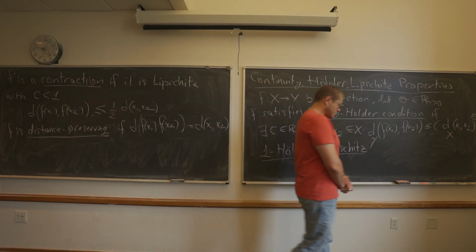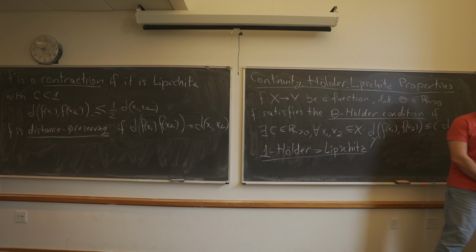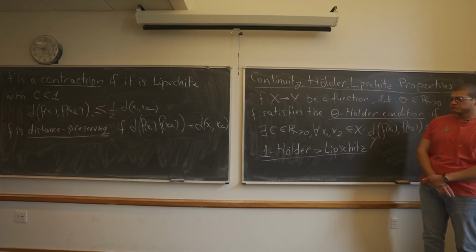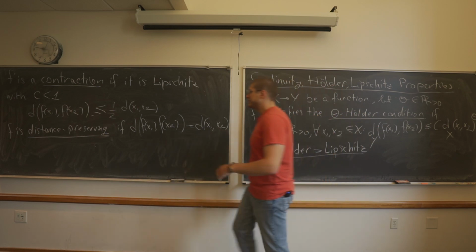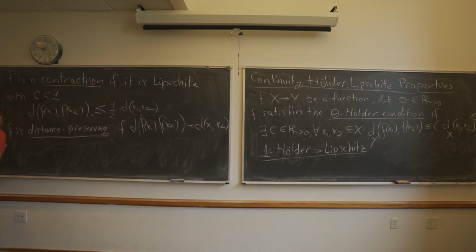If f is distance preserving, and furthermore, it has a functional inverse, it is an invertible function, then you call it an isometry. Same metry, same distance.